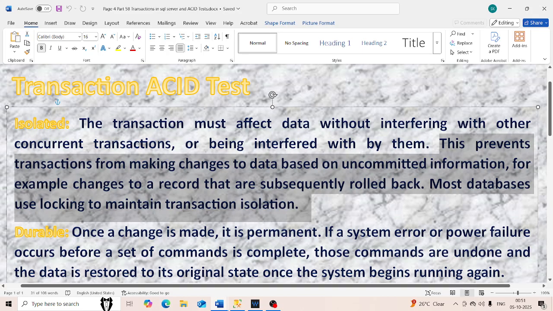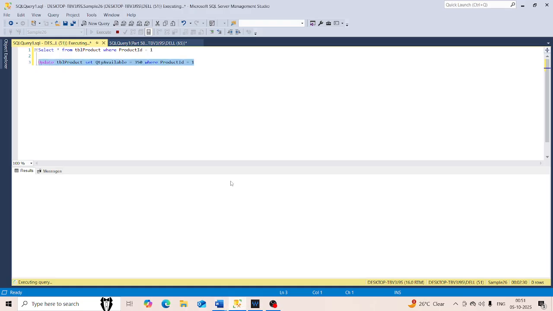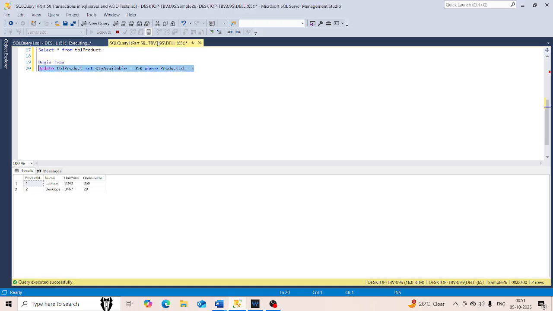So here I have not committed any data in this transaction. This transaction is still being processed.